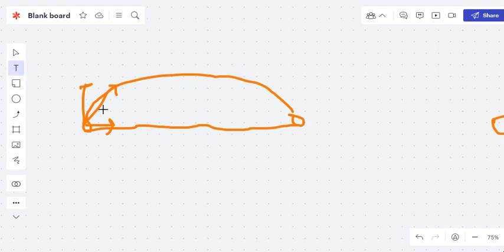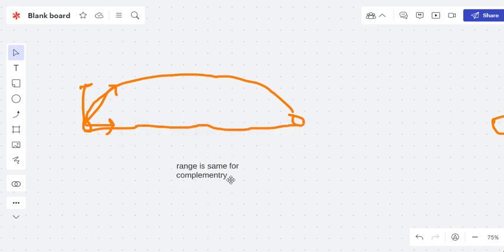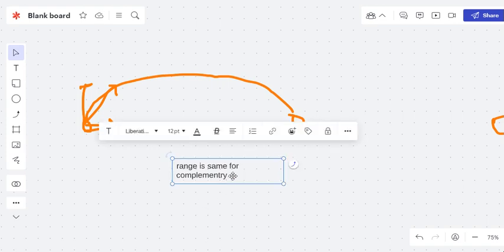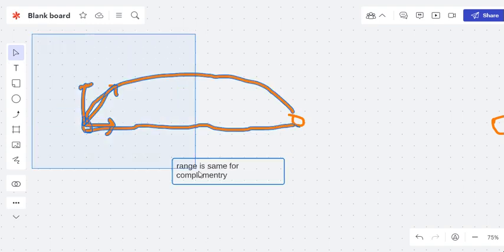So now I would like to include one point here, that range is same for complementary angles. What does it mean, and what is the maximum angle we obtain? At which angle will the range be maximum? Range is same for complementary angles. You know that the formula for the range maximum is, let's write it here.